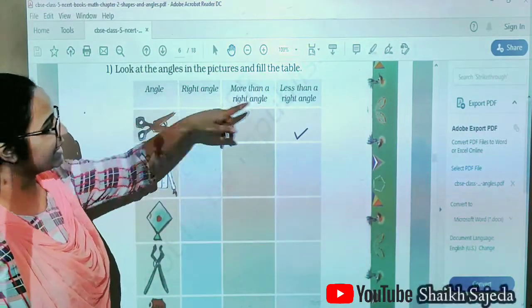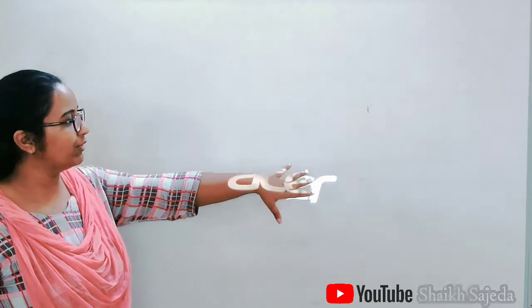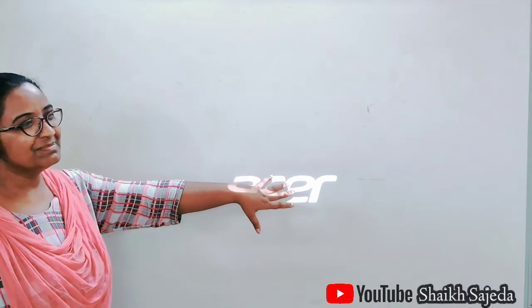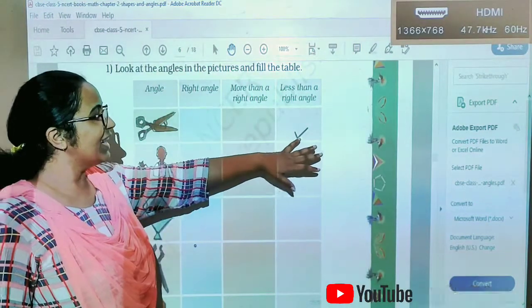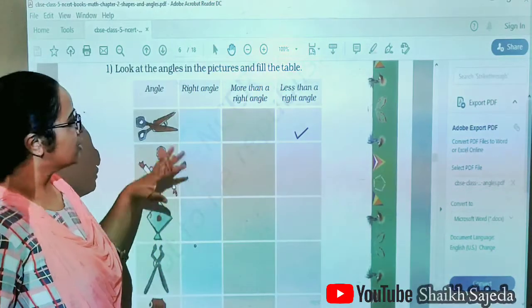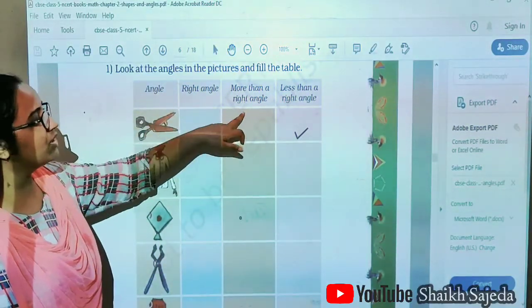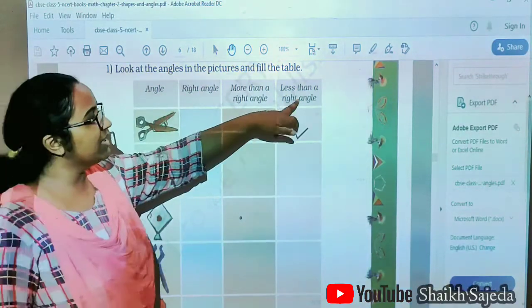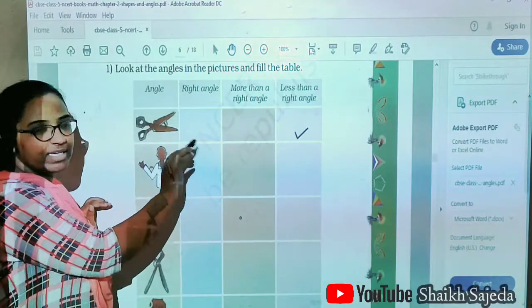So we can see that it is less than a right angle. Here you don't have to write acute angle. It is given less than a right angle. So here we have to identify just 3 angles: right angle, more than a right angle means obtuse angle, less than a right angle means acute angle. So the first is already given.